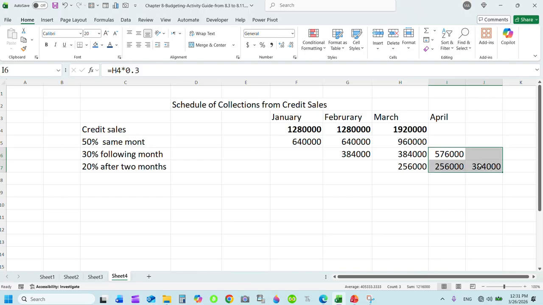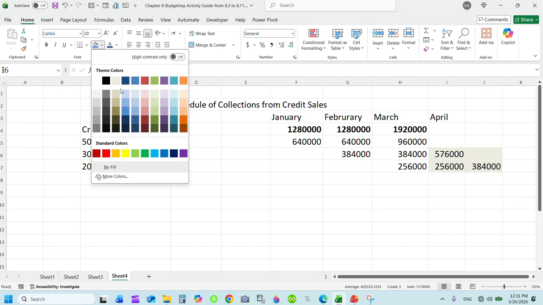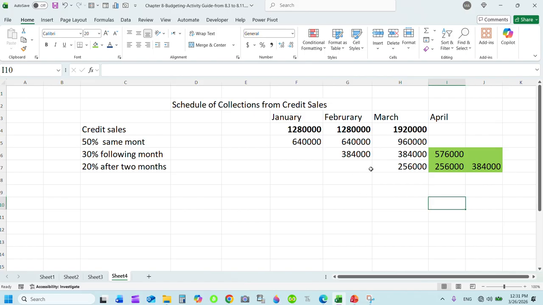That means these are receivable at the end of March. So these are your closing debtors. These are our cash collection.